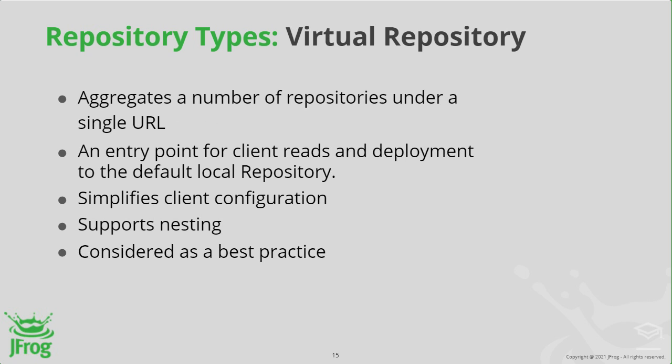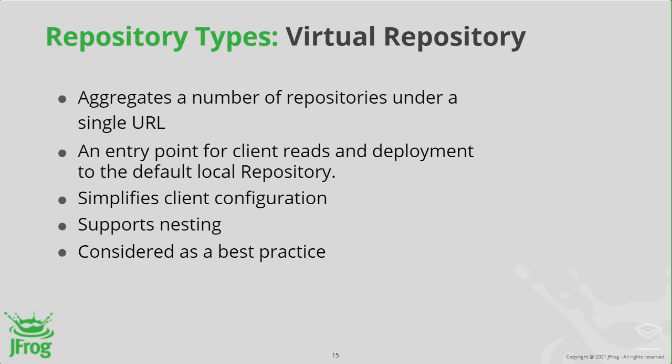And on top of a local and a remote repository, we have a virtual repository. A virtual repository basically aggregates different types and a different number of repositories within it. Now, what this provides us is one single URL for our package manager or our build tool to work with.